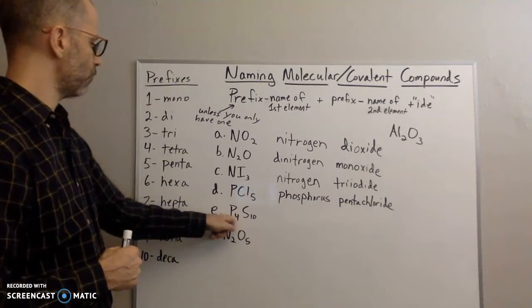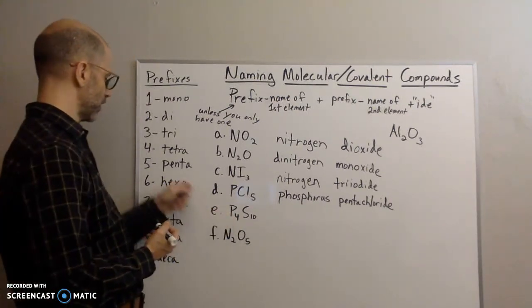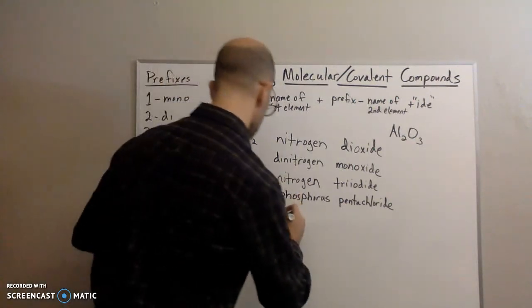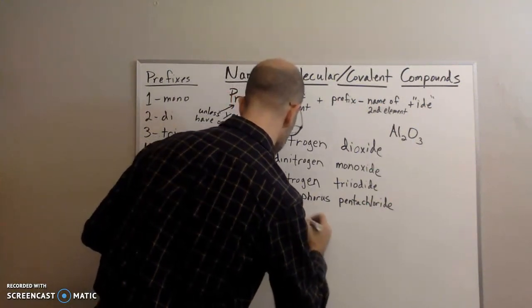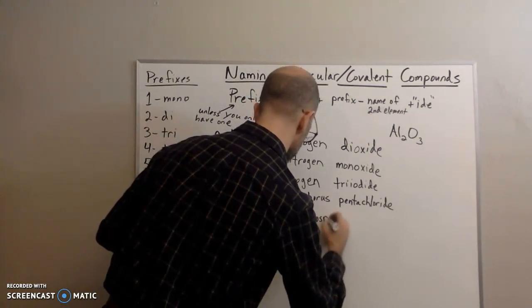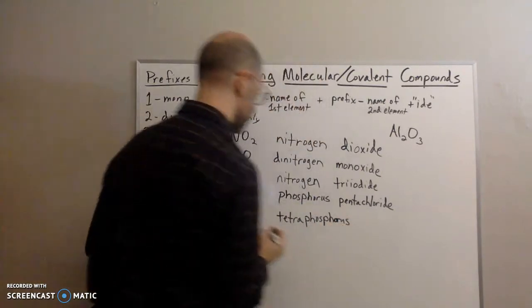This time I have 4 phosphorus atoms. So I need to use the prefix for 4, which is tetra. So this is going to be tetraphosphorus.